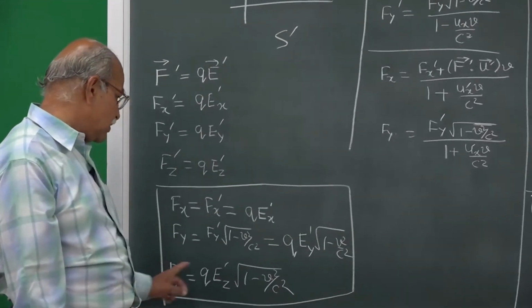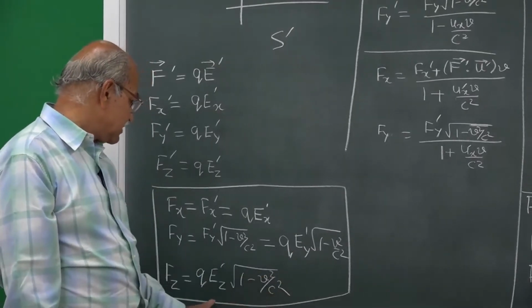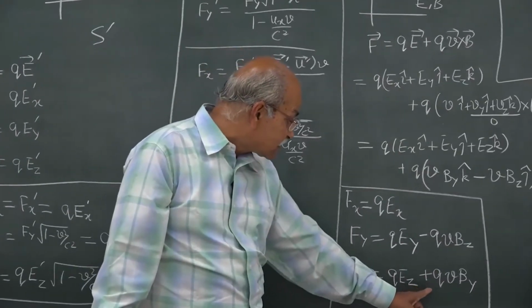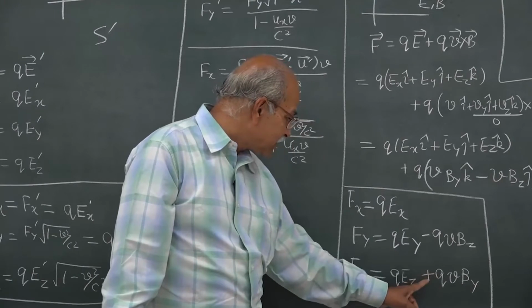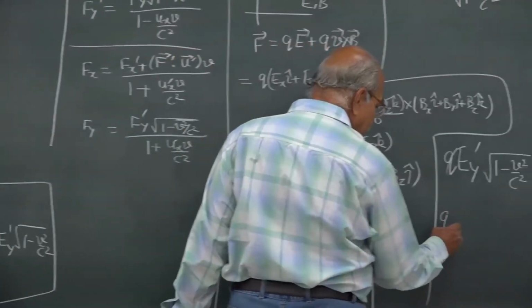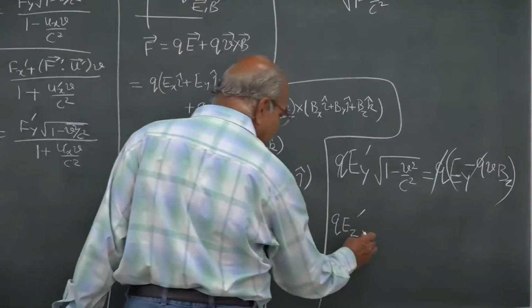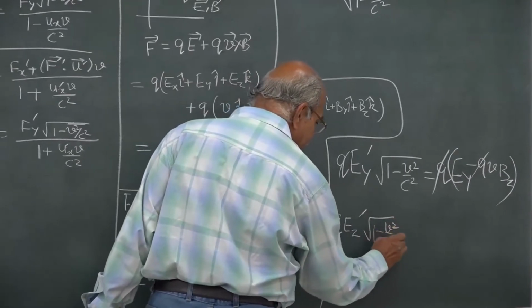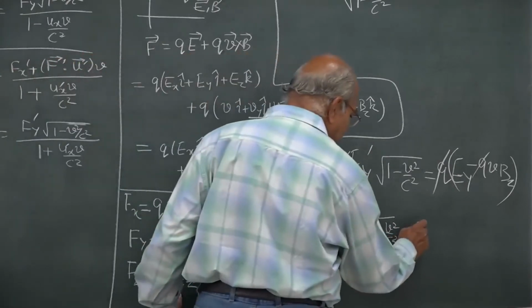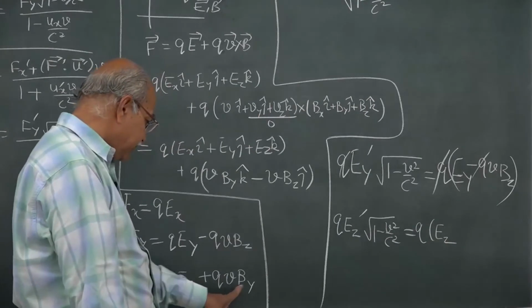Similar story for Fz. Fz is equal to q Ez prime times square root of 1 minus v square by c square, and Fz here is q Ez plus v By. So, remember, it is plus here, it was minus there. So, q Ez prime times square root of 1 minus v square by c square is equal to q times Ez plus v By.